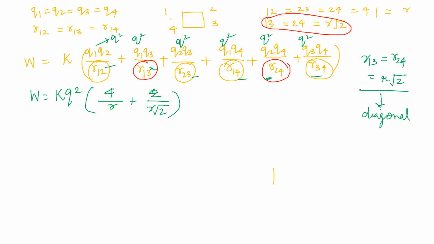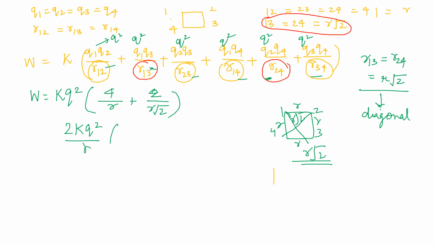See here, 1, 2, 3, 4, this side is R. So what about this diagonal? This will be R under root 2. Similarly, this will be R under root 2. Now we will take 2KQ square upon R common, and what is left is 2 plus 1 by root 2.